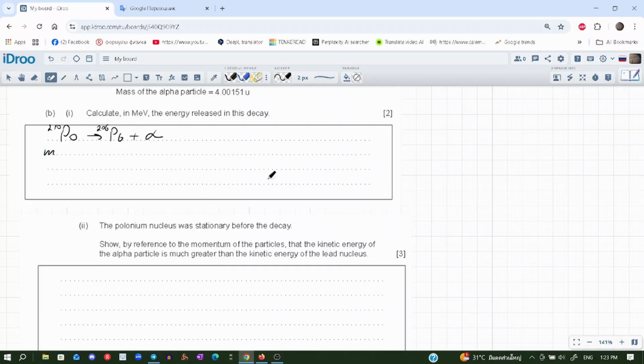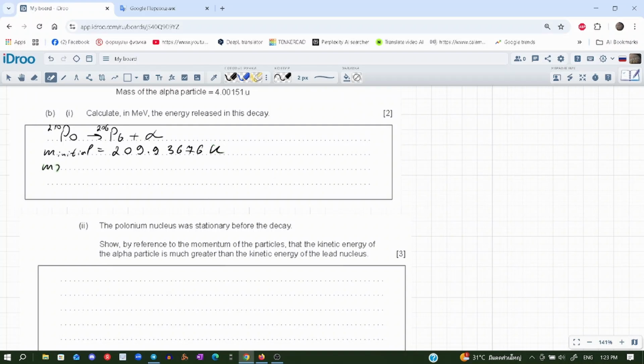Initial mass equals 209.9367 U, atomic unit of mass.